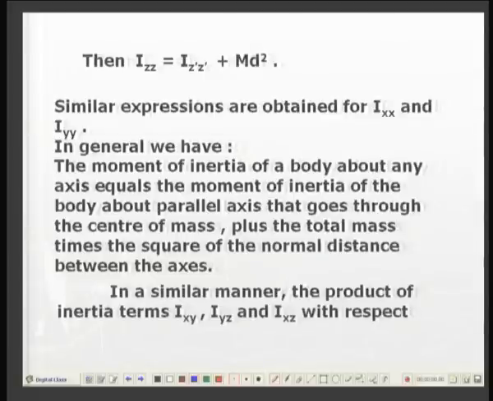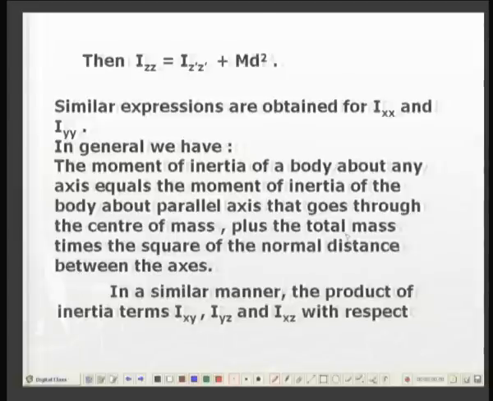Similar expressions can be obtained for Ixx and Iyy. For example, Ixx will be equal to Ix dash x dash plus mass times the normal distance squared between the x axis and the x dash axis.